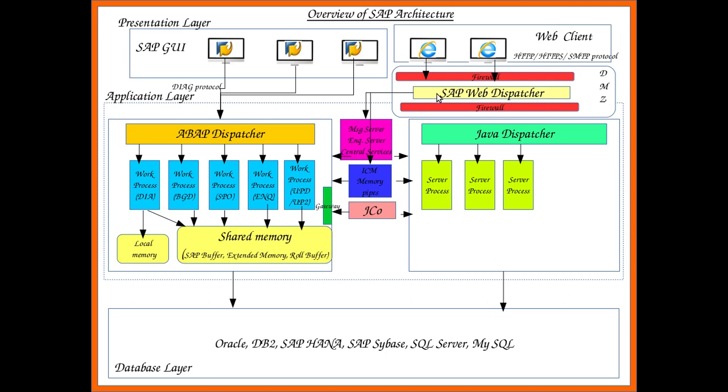The SAP Web Dispatcher is provided free of cost by SAP, and its main benefit is that the ABAP dispatcher only follows the DIAG protocol. It does not understand HTTP, HTTPS or SMTP protocol. So the SAP Web Dispatcher helps to convert the request into something the ABAP dispatcher can easily understand.